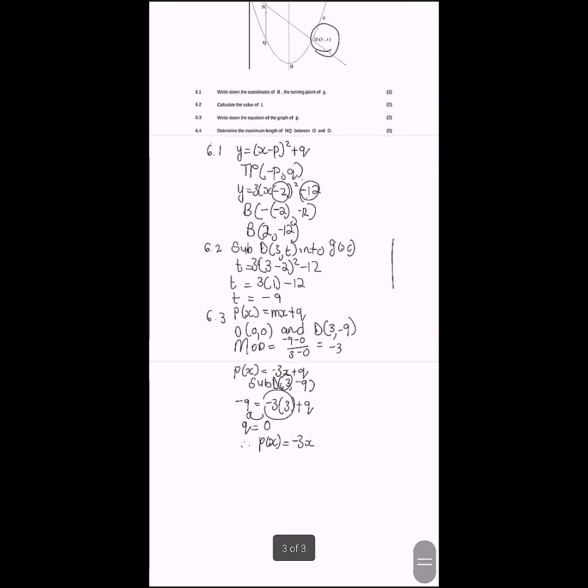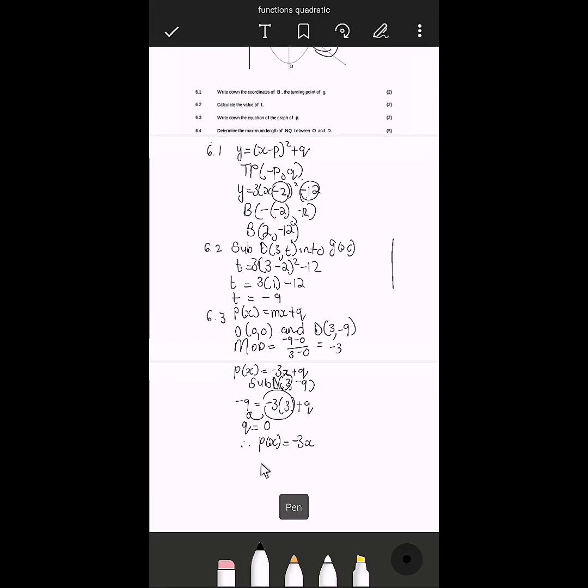Next, we're going to start with question 6.4, which says determine the maximum length of NQ between O and D. Okay, so before we start with this particular question, I'd just like to explain a small principle. Let's say we have a graph here, so that's the quadratic, and then we say find the maximum or the minimum length between these 2 points.